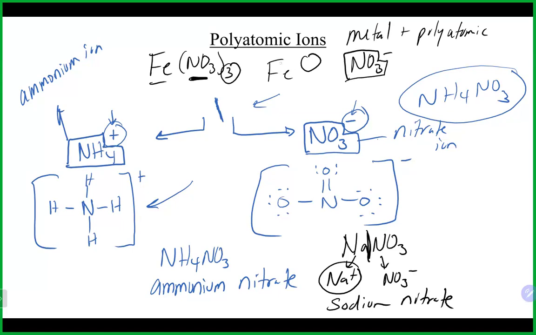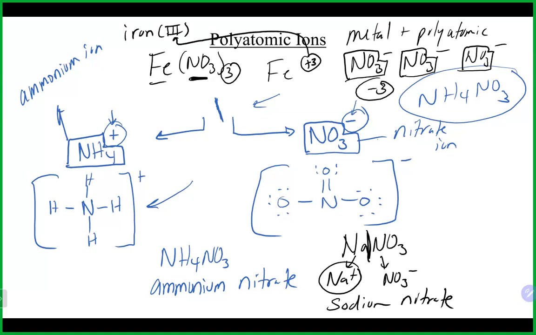I have how many nitrates? 3 of them. That means I have a -3 charge, and that means the iron in this case is +3. And the name of this guy would be iron Roman numeral 3, just like we did previously for the charge. And even though there are 3 nitrates, it has no effect on the name. It is just nitrate at the end. So that would be iron 3 nitrate.